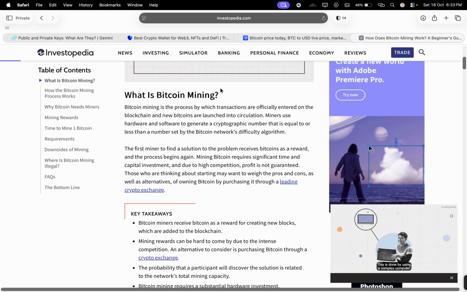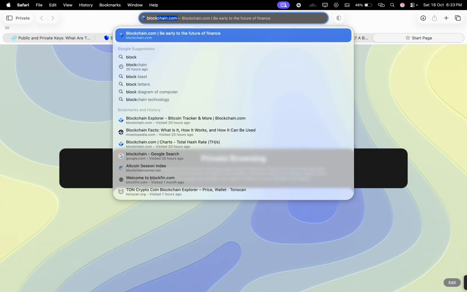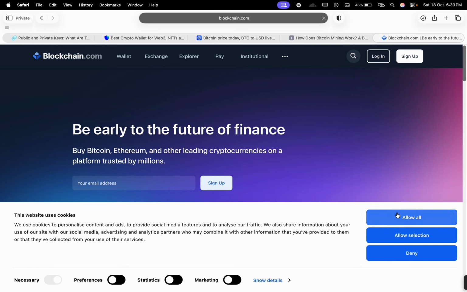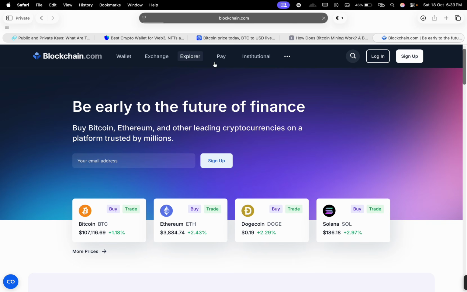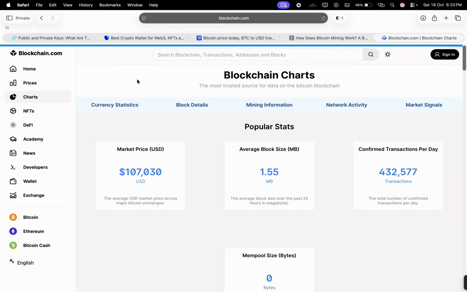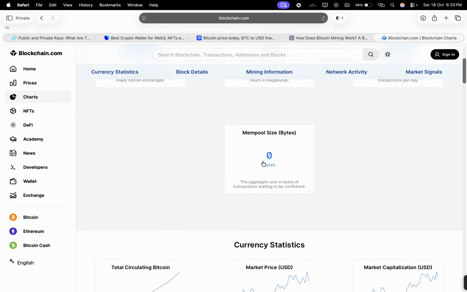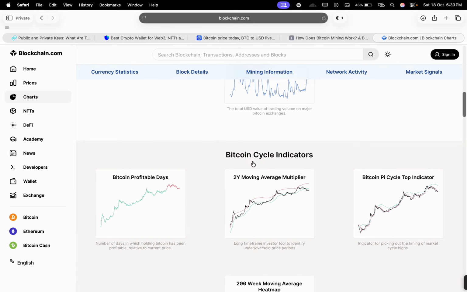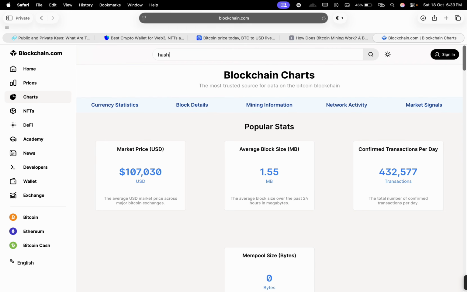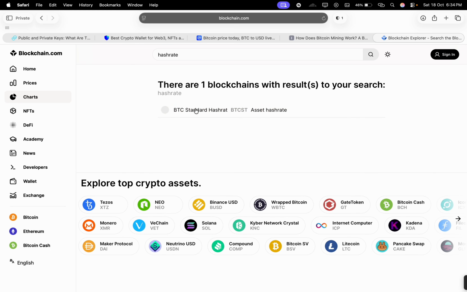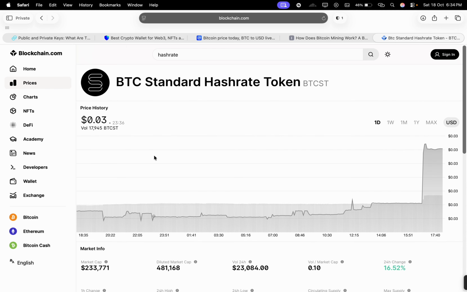If I go to blockchain.com and explore charts, and go to hash rate, this is the Bitcoin hash rate.